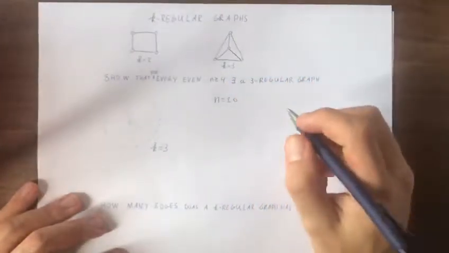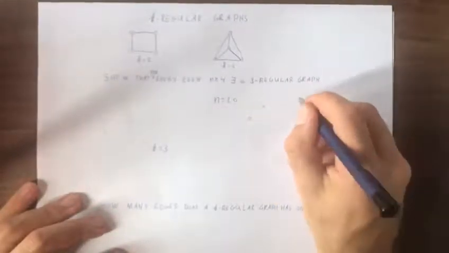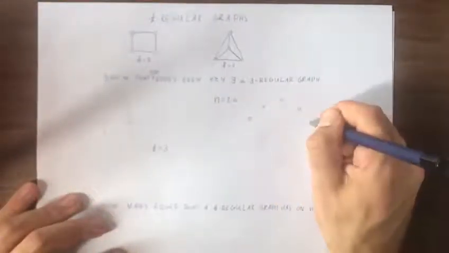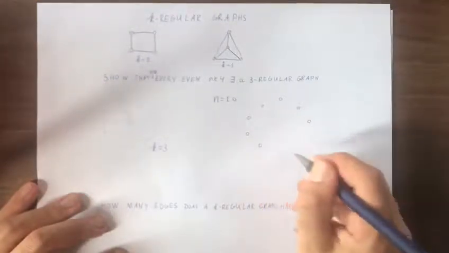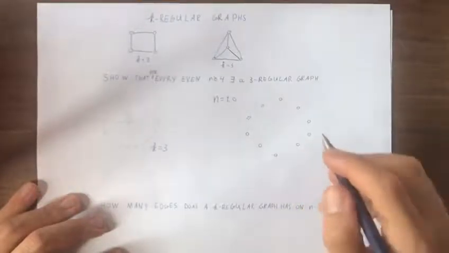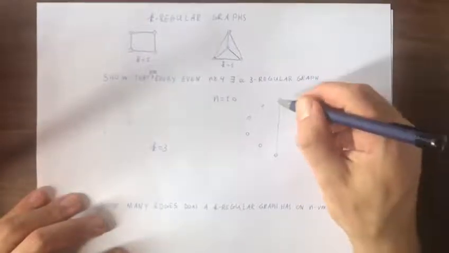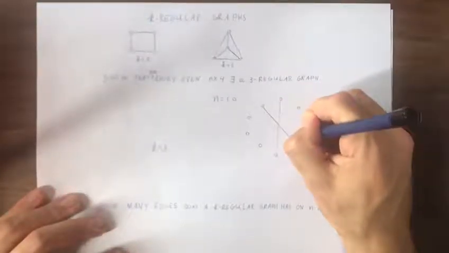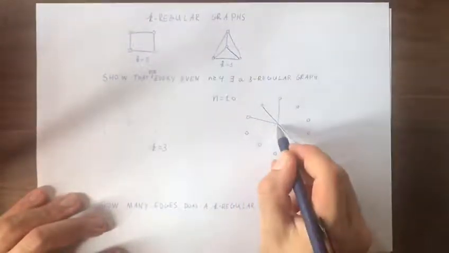This means we have 10 vertices, so let's put them in a circle. Let's put 5 on the top part and symmetrically 5 on the bottom part. So we can connect this vertex with this vertex, we can connect this one with this one, and continue till we have done them all.